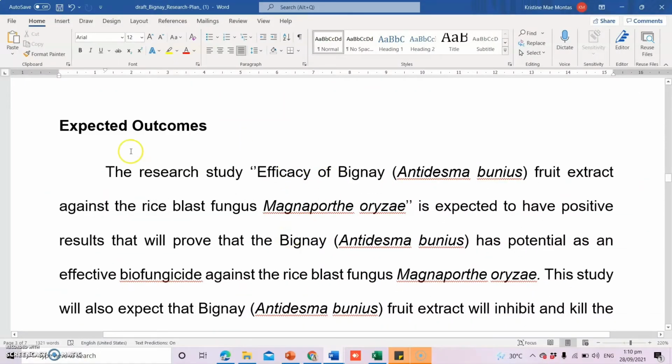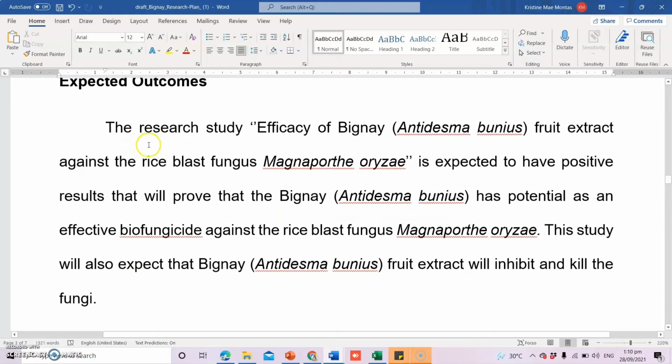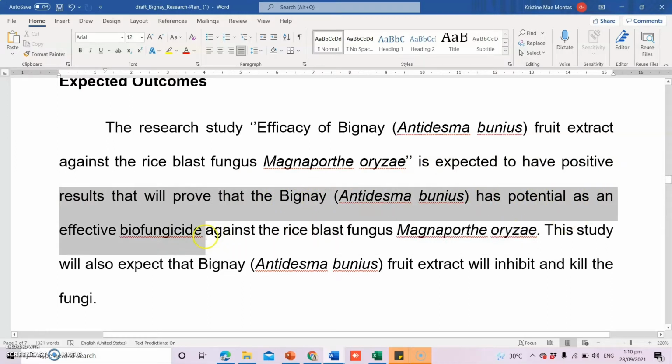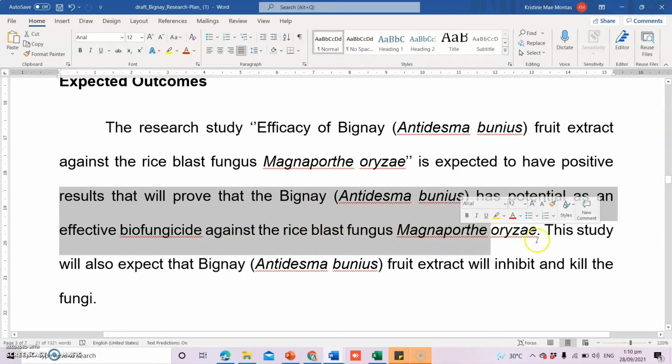Okay, let's say, for example, the expected outcome is this. The research study on the efficacy of Bignai fruit extract against the rice blast fungus is expected to have positive results that will prove that the Bignai has potential as an effective biofungicide against the rice blast fungus or the Magnaporthe oryzae.